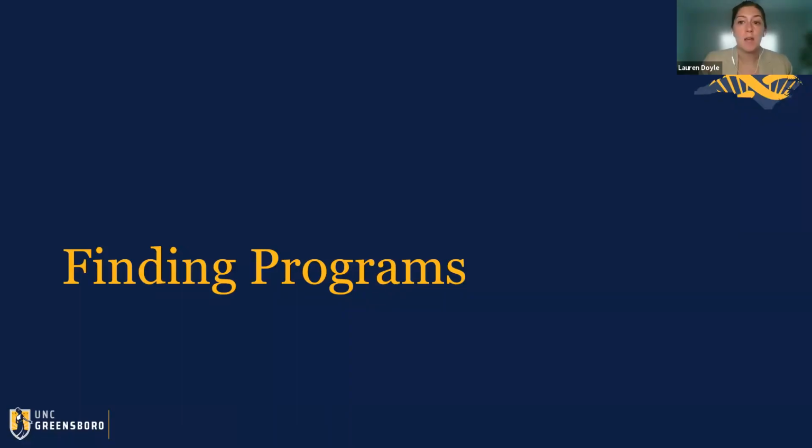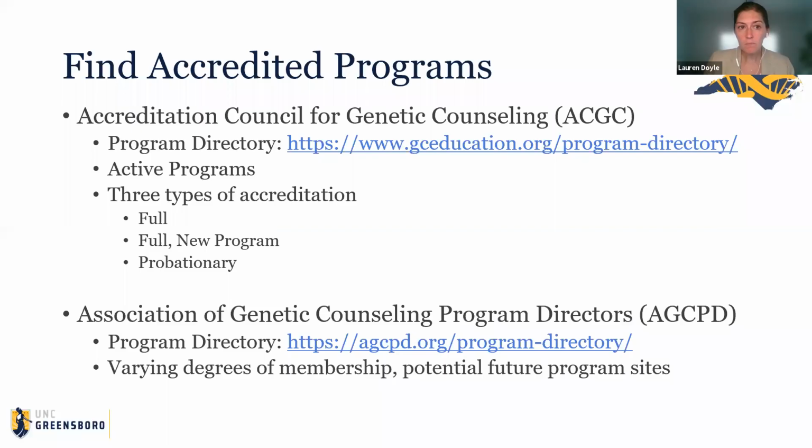So starting with the very basic first few steps is locating programs to consider, and then we'll talk about ways to navigate the materials that you encounter once you find them. This seems a little foundational, but there are a couple components that I wanted to draw attention to. Starting at the very top, there are a couple of legitimate ways to identify accredited genetic counseling programs.